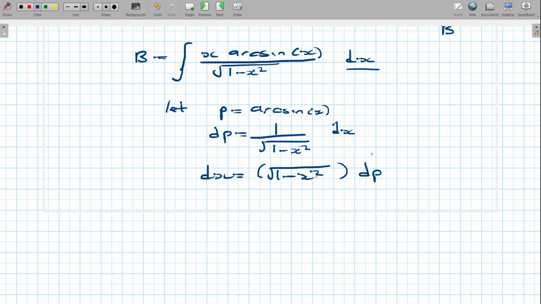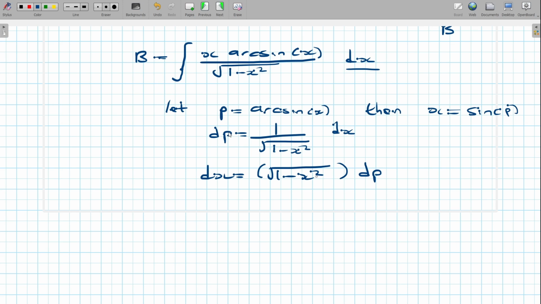So here, if p is equal to arc sine of x, then this means that x is basically going to be equal to sine of p. All you can do here is apply the sine on both sides of the equation, and this is what you get, because arc sine is basically the inverse function of sine, the inverse mapping of the trigonometric function sine. What's funny is that whenever you talk about these inverse functions, you always have to be very specific about the interval we're talking about.